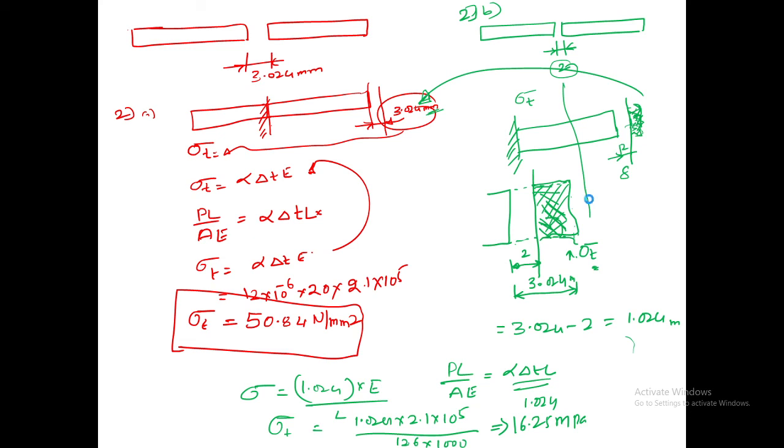Next, last step. What would be the gap you need to provide if it is to develop a stress of 20 megapascal? Now just observe here.